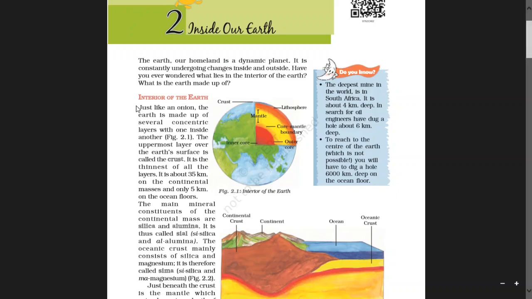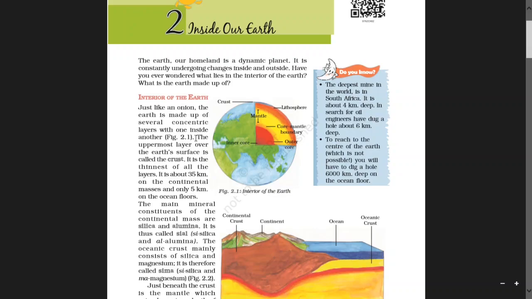Let us see. Just like an onion, the earth is made up of several concentric layers with one inside another. Boys, as you know, an onion has different layers, different covers.